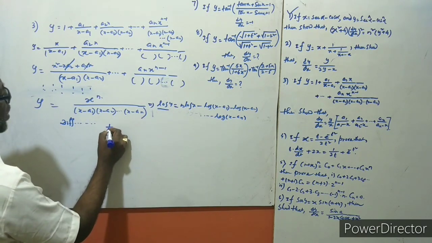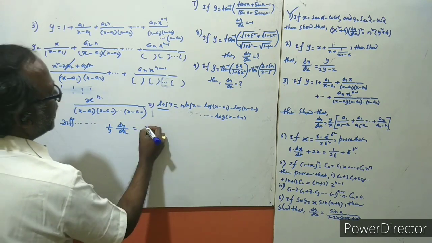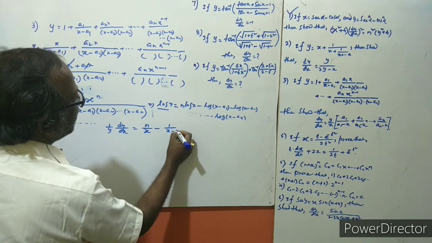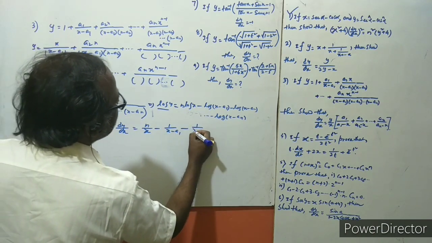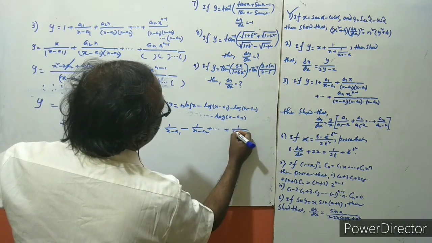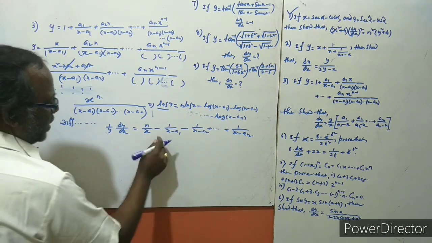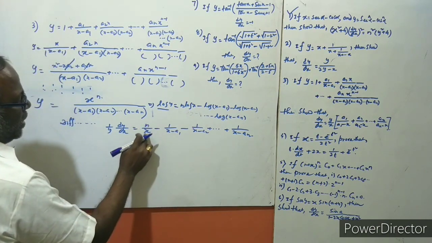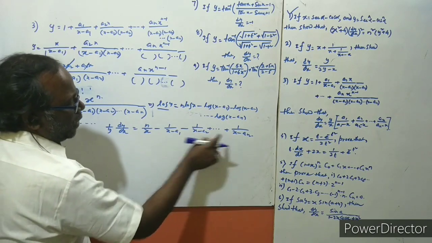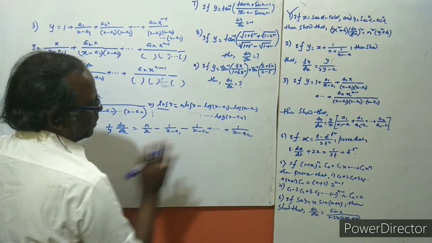Then you get 1 by y dy dx, and that is n by x, again 1 by x minus a1, again 1 by x minus a2, dot dot dot, 1 by x minus an. After n by x, there is an n factor, so 1 to n addition, n term addition here, a1, a2, dot dot to n.